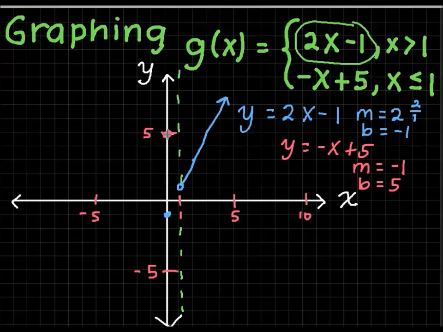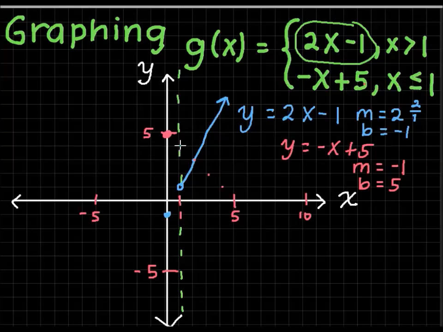My slope is -1, which means down 1, right 1, down 1, right 1, and so on. Except I know that it only takes place left of this dashed green line, because it only applies when x is less than or equal to 1.